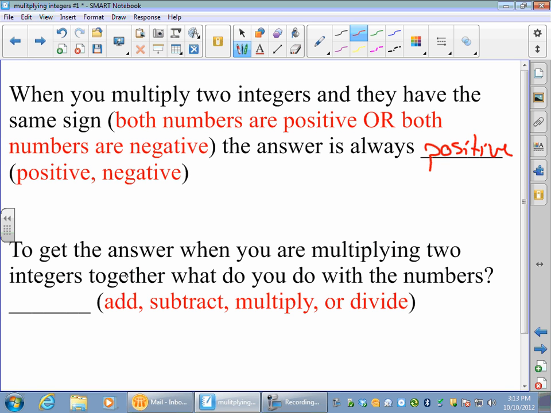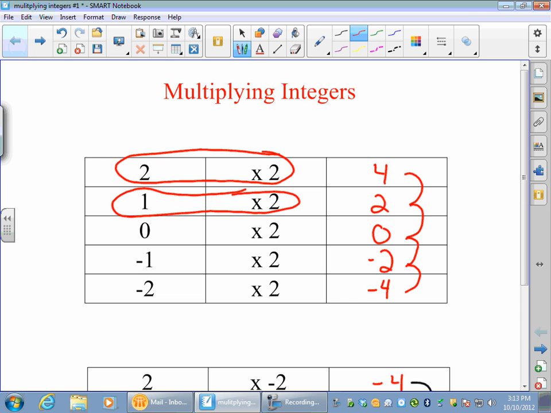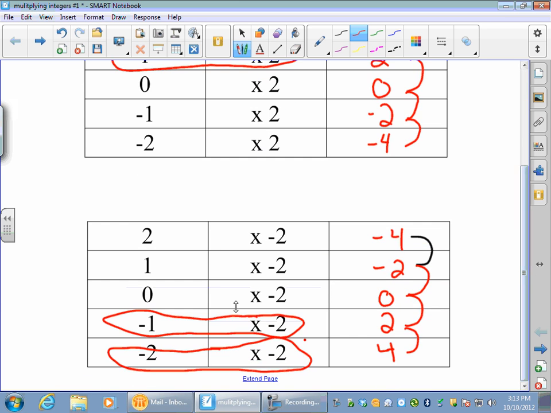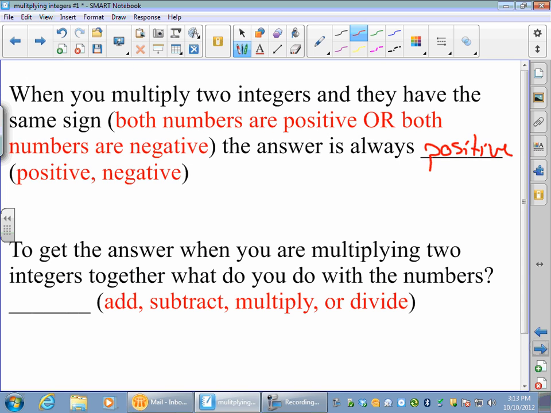Okay, to get the answer, what do we actually do with the numbers? Well, how do you get 4 and 2? 2 times 2 is 4. 1 times 2 is 2. 2 times 2, 4. It looks like all we're doing is just multiplying.